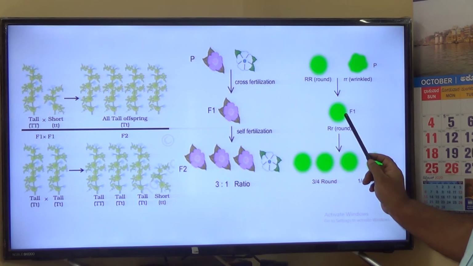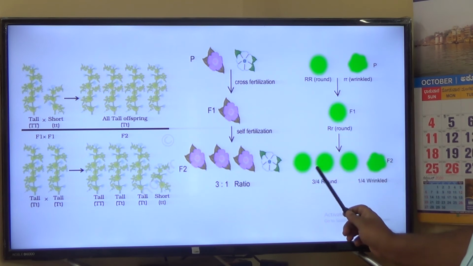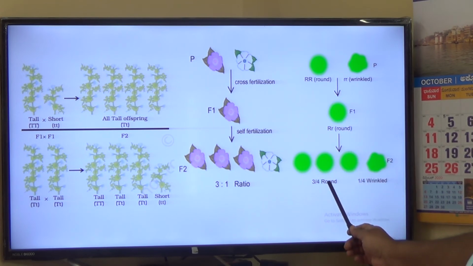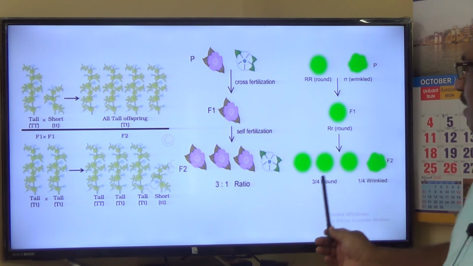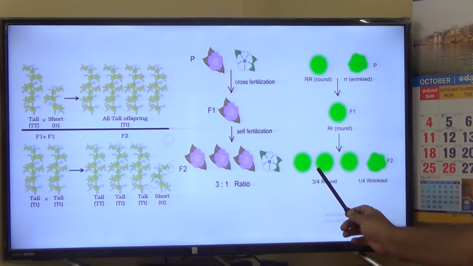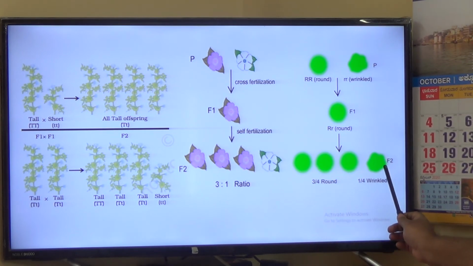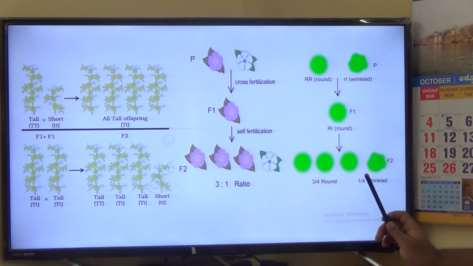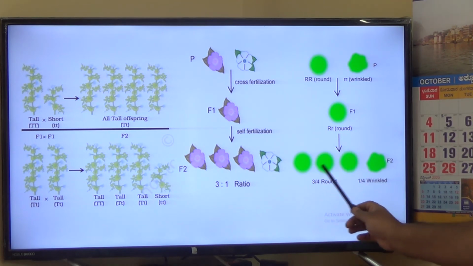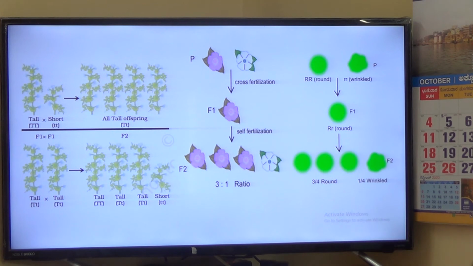When the F1 plants are self-pollinated, you can find a mixture of round seeds as well as wrinkled seeds. But what is the ratio? The ratio of round seeds to wrinkled seeds is 3:1, and this is a phenotypic ratio.